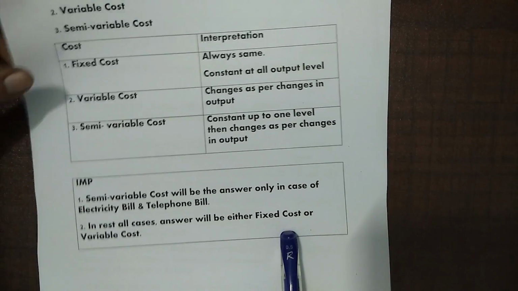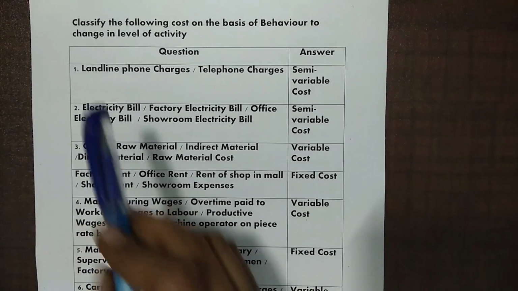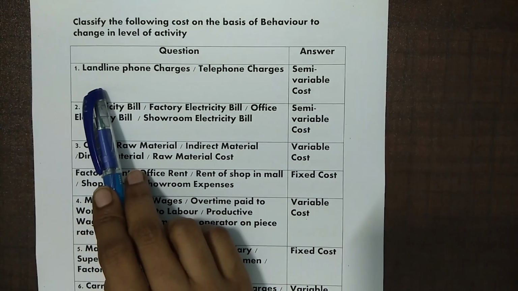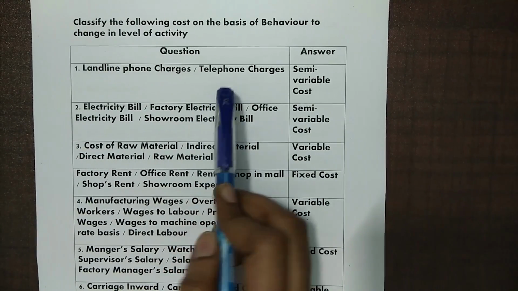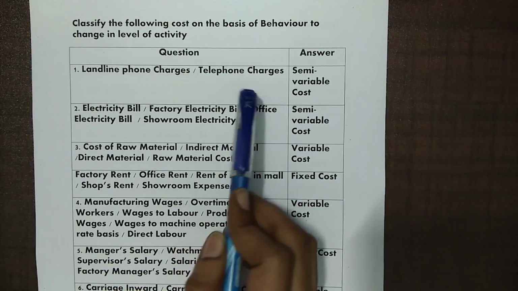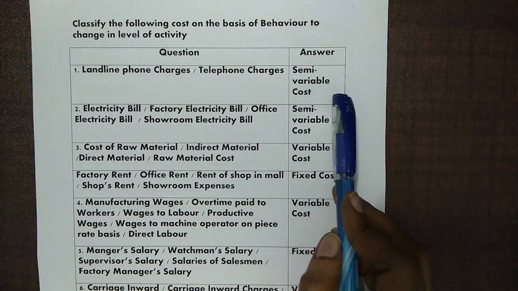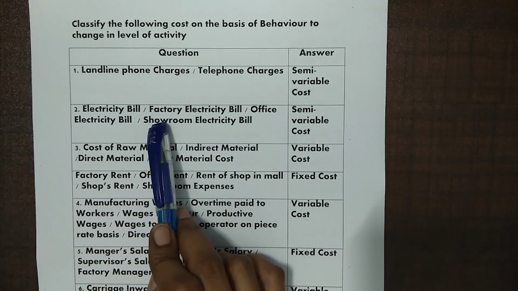Now we are going to start with the sums. As we have discussed, if it is a telephone bill or the electricity bill, your answer will be semi-variable cost. If they have given you landline phone charges or phone charges, your answer is semi-variable cost. Next one is electricity bill.